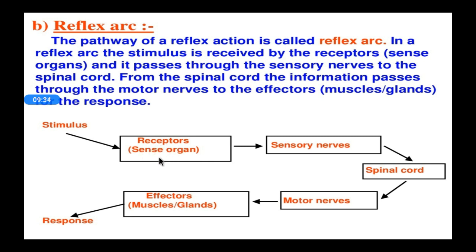For example, if you are touching a hot object, the information moves through the sensory nerves to the spinal cord. From there, through the motor nerves, the information comes to the effectors, that is the muscles and glands, and there we respond. We immediately take our hand away from the hot object. This is the reflex action. I hope it is clear.